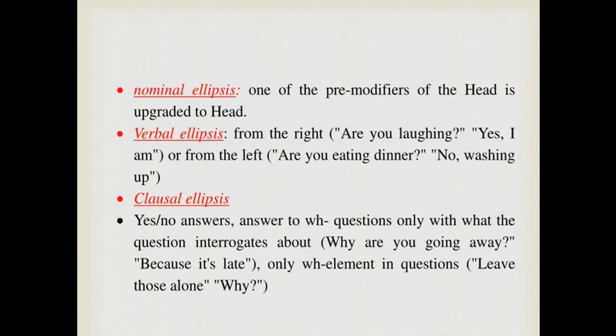Or from the left: are you eating dinner? No, washing up. Clausal ellipsis: yes/no answers. Answer to WH questions only with what the question interrogates about. For example, why are you going away? Because it's late. Only the WH element in questions, leave those alone: why?